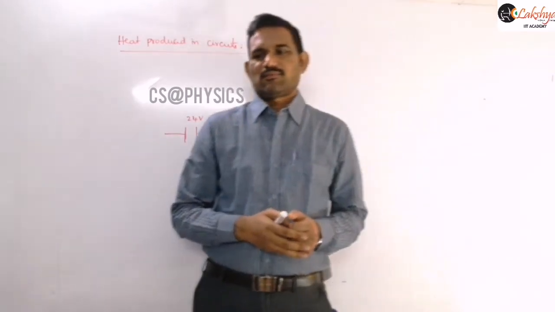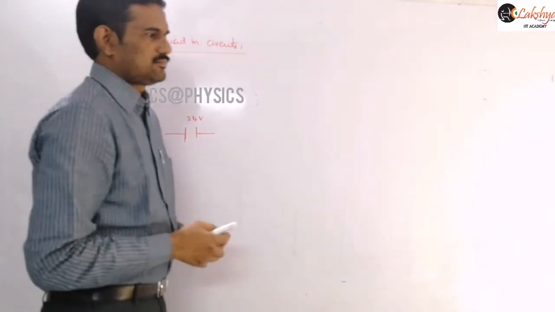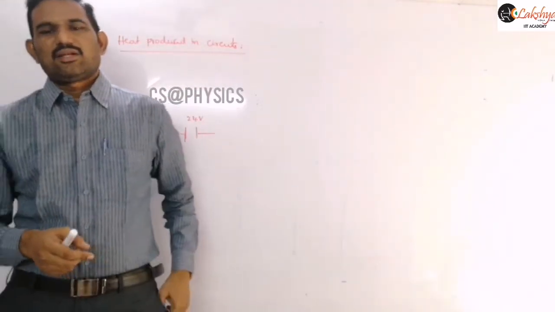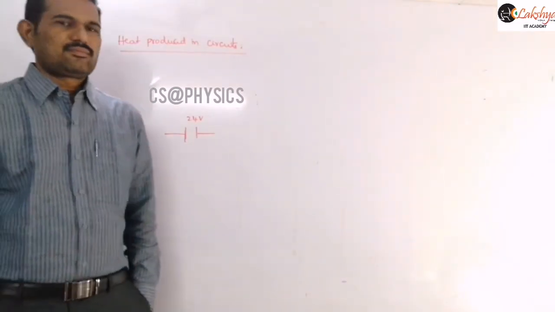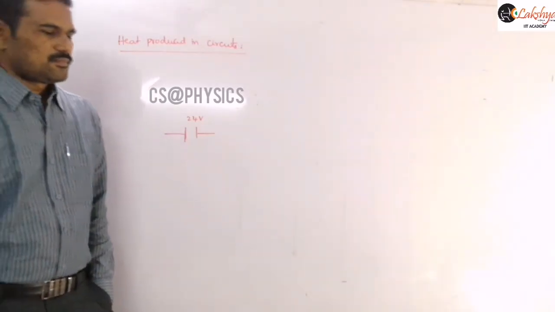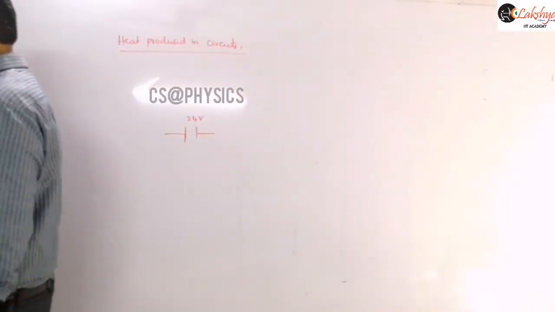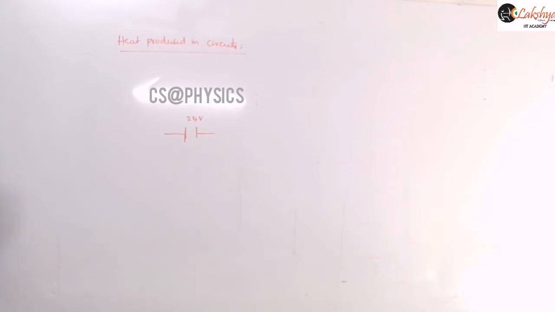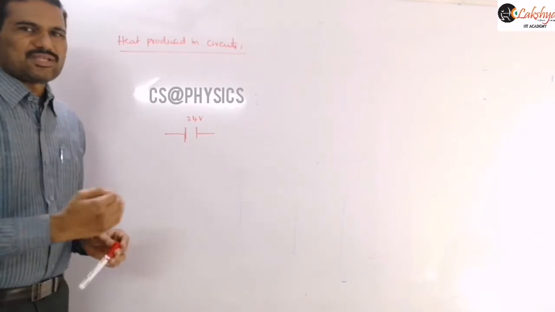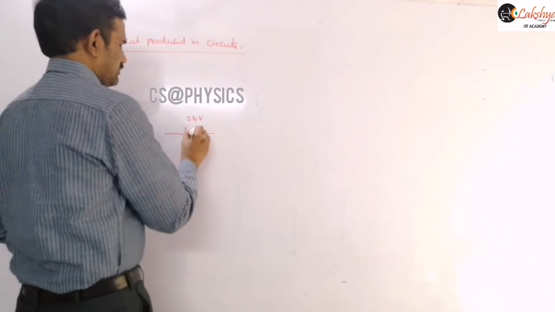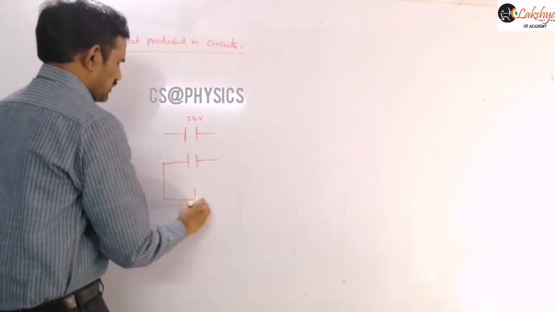Now the capacitor is removed from the source, and it is connected to a cell of EMF 12 volts such that the positive terminal of the cell is connected to the positively charged plate. Then find heat produced in the circuit.